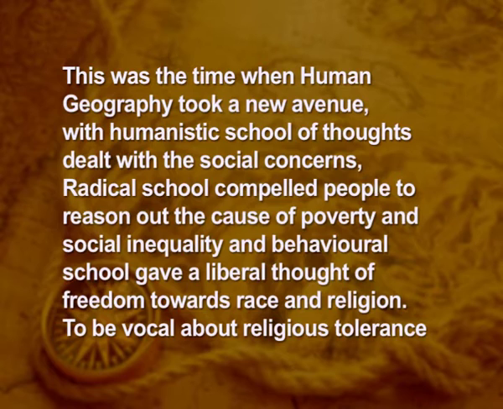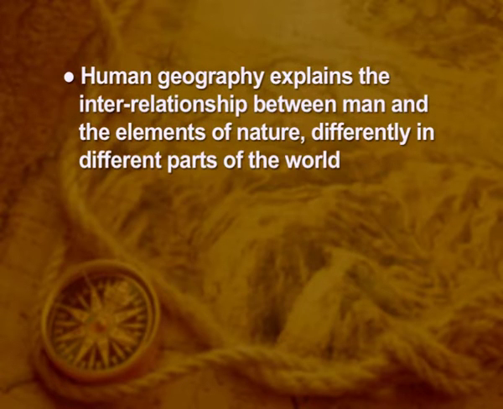The radical school compelled people to reason out the cause of poverty and social inequality. And the behavioral school of thought gave a liberal thought of freedom towards race and religion, to be vocal about religious tolerance. Human geography explains the interrelationship between man and the elements of nature differently in different parts of the world.